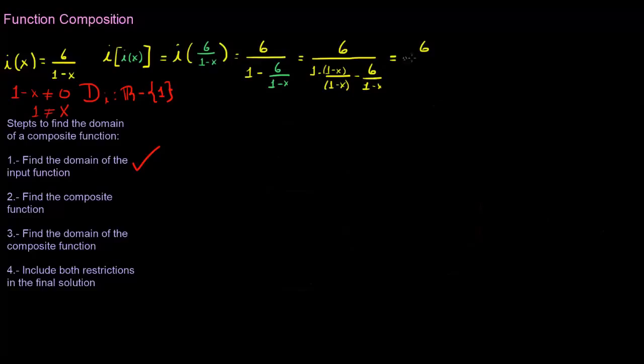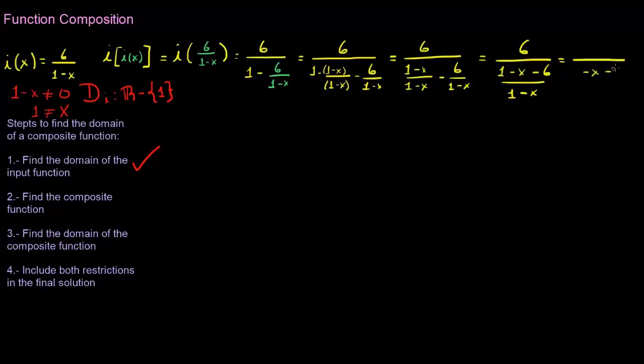So at the end I get this expression: 1 minus x over 1 minus x minus 6 over 1 minus x. Now as they both share the same denominator, we can put them together. Now let's simplify this out. It will be negative x minus 5 over 1 minus x.